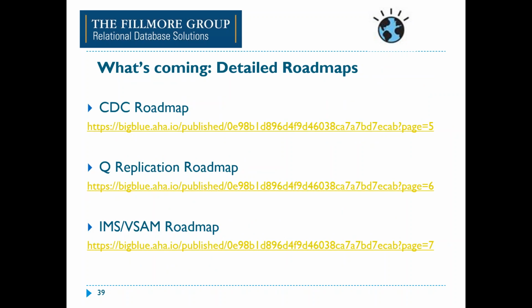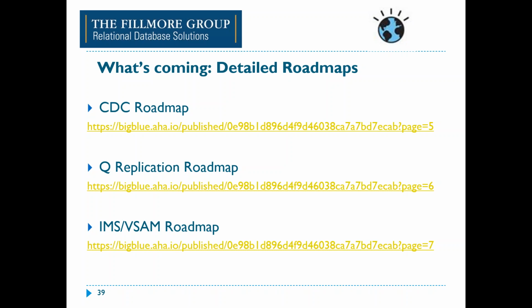I want to point this out for a second, the detailed roadmaps. IBM is externalizing a lot of their decision-making these days and listening to customers more. So each of the components of the data replication portfolio has its own roadmap, which I have linked right here. You can click on these links and go out and see exactly what is being proposed and what's coming.